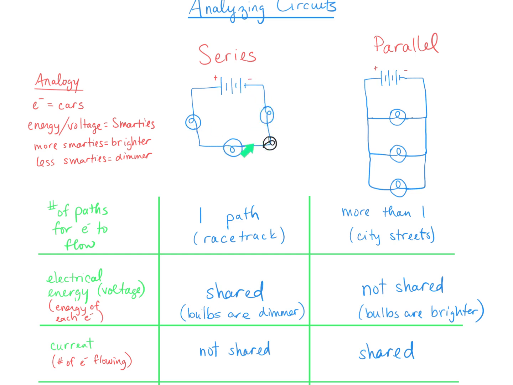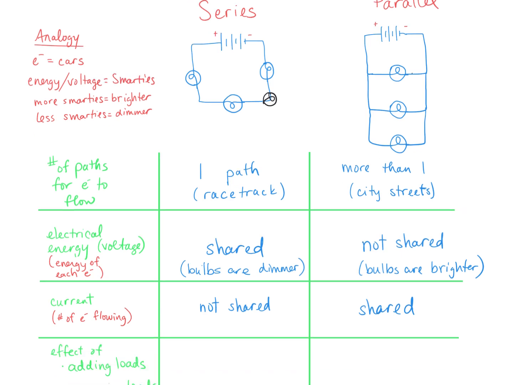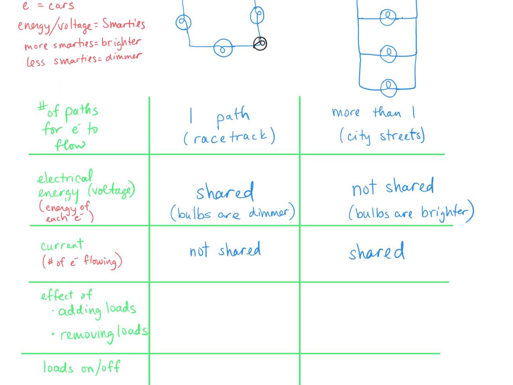So they'll dump their Smarties in these 4 places, and that means they're dumping fewer Smarties at each bulb because they had 4 bulbs to get to. Fewer Smarties, think dimmer. So the effect of adding loads made the bulbs dimmer, so less bright.